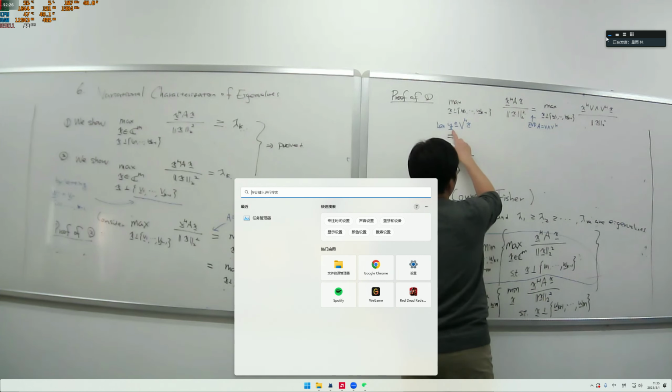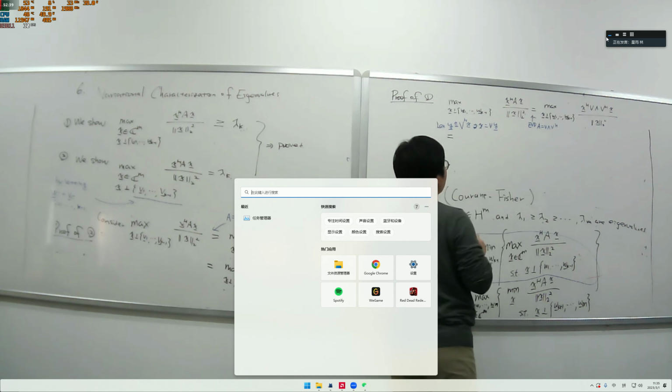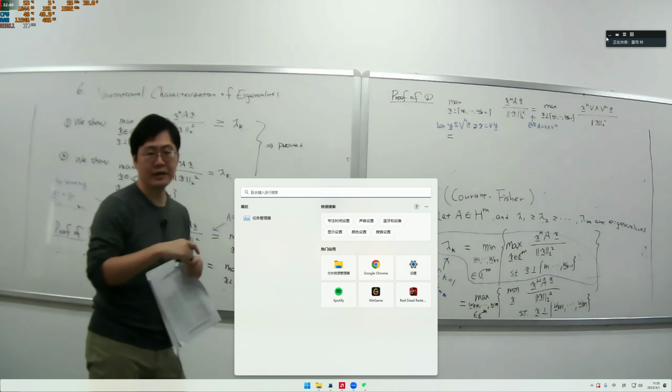Define y to be V Hermitian X. So X can be written as Vy.